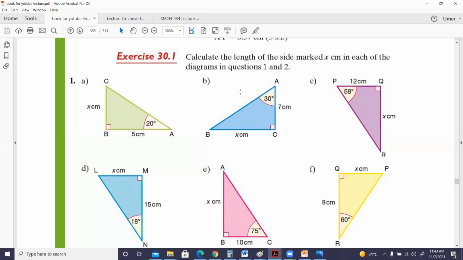So here I will be solving this question B. Let me share the whiteboard, and then we will be solving the questions.